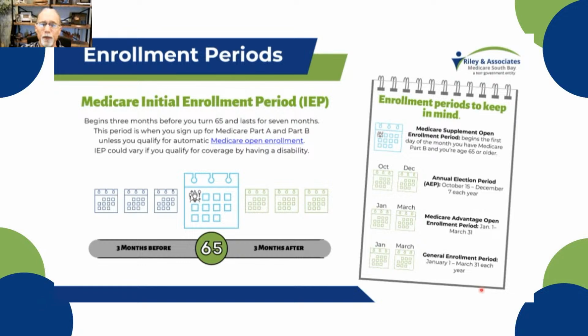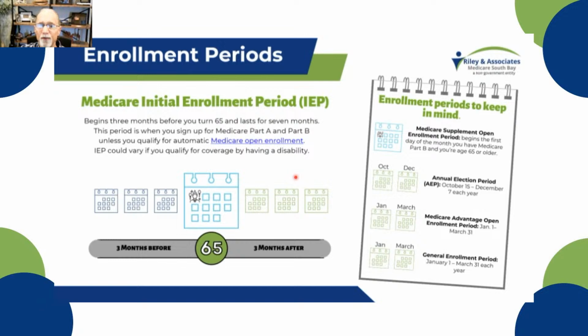The last one here is called the general enrollment period. And that's not one that you want to participate in. That's for everybody that actually missed their initial enrollment period, right? So generally, they're going to be paying a lifetime penalty for missing their initial enrollment period, and they're going to have a coverage gap most likely.